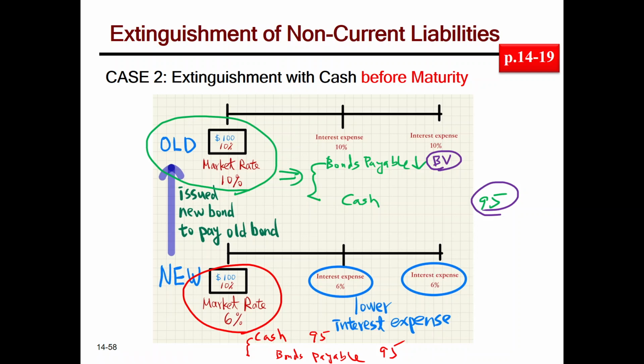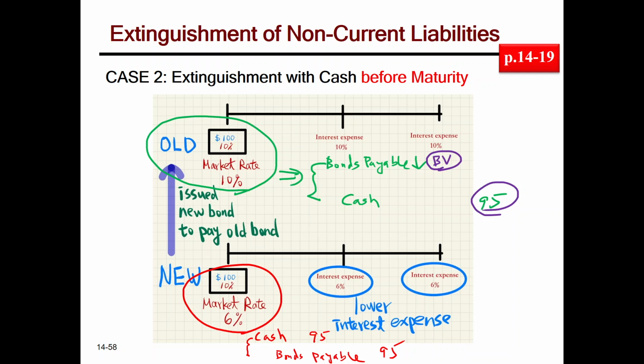So you should determine, when you decide to buy back your bond today, what your accounting books tell you your bonds, the liabilities, how much right now on your accounting book. So you have to determine the book value of your bonds payable first, right?